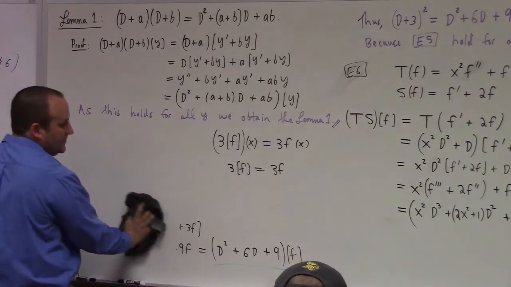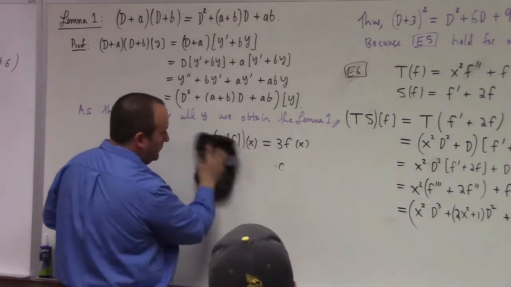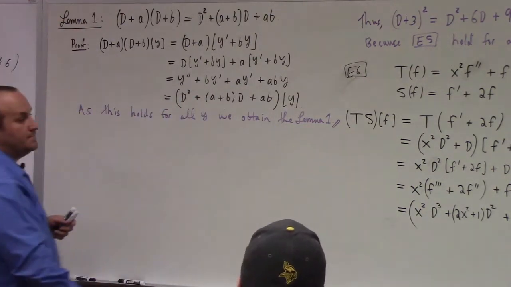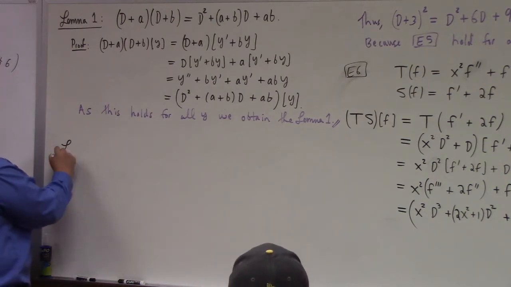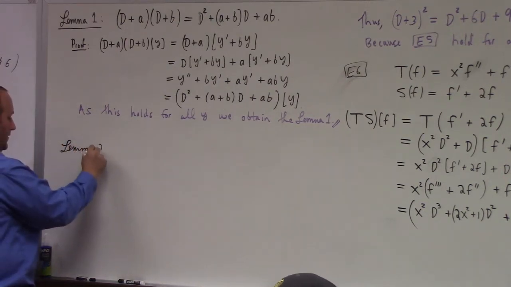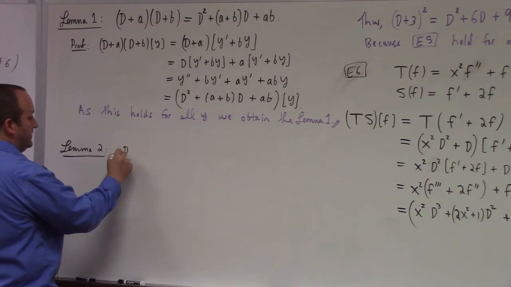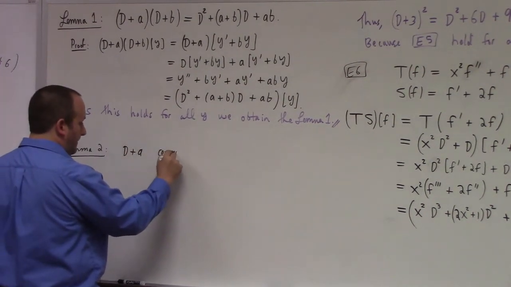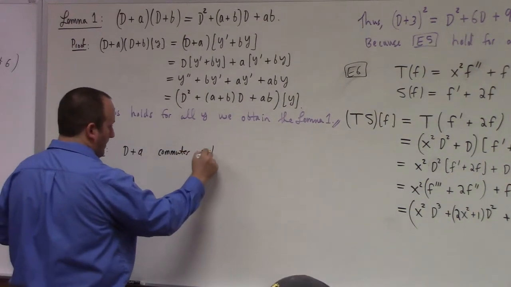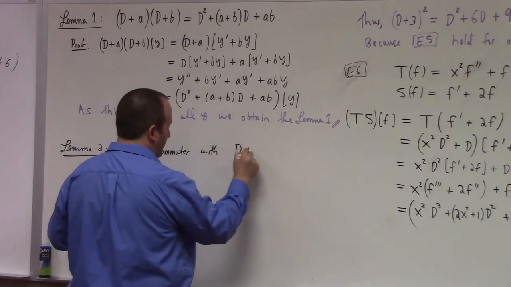So how about D plus a and D plus b, where a and b are possibly not equal to 0? I'll call this lemma 2. D plus a commutes with D plus b.